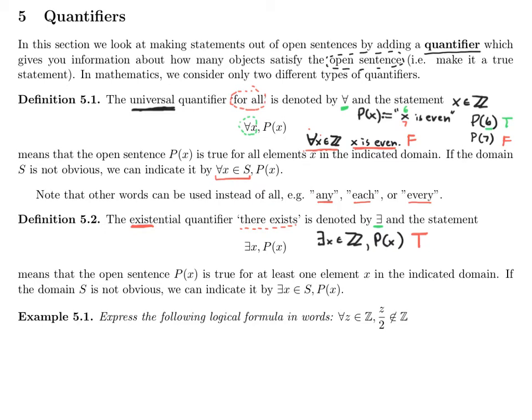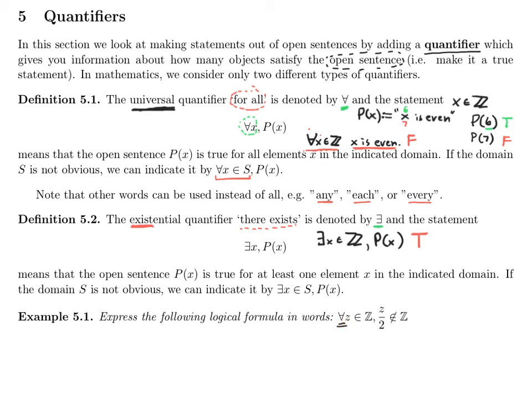Okay, now that you're back, I will say, of course, for translating things into English, there might be different ways of doing it. People might have slightly different things, but the main idea will be the same. We know that this is indeed a universal quantifier, so we can use a word like all, or each, or any, or every.